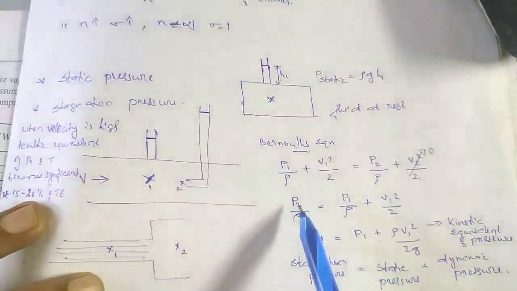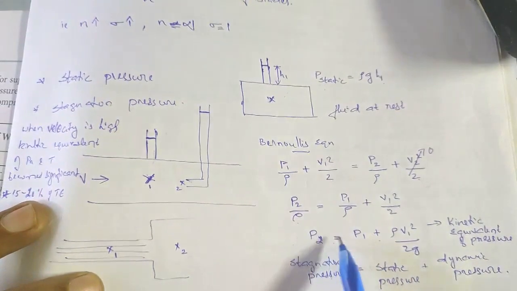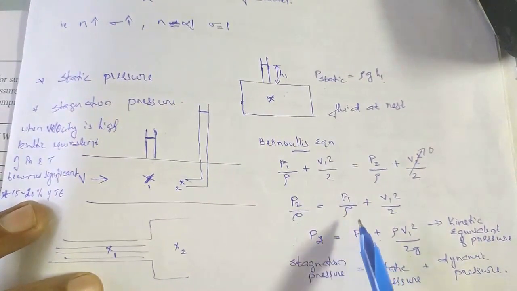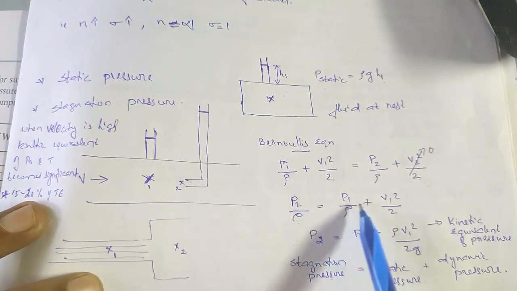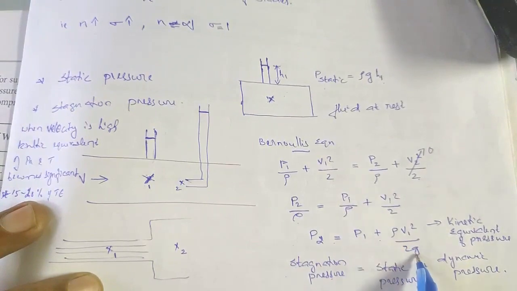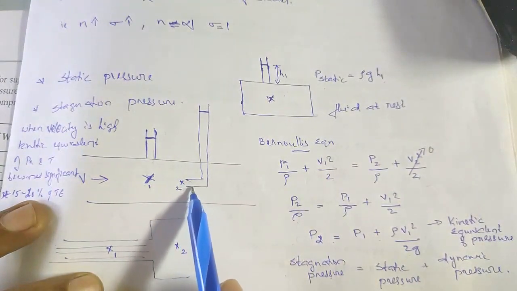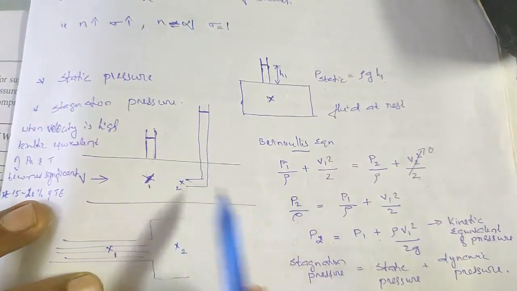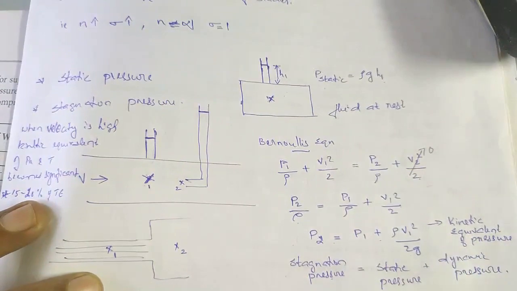That means P2 by rho is equal to P1 by rho plus V1 square by 2. That means P2 is equal to, by multiplying with rho, P2 is equal to P1 plus rho V1 square by 2g. That means the total pressure here will be equal to the static pressure plus rho V1 square by 2g, which is the kinetic equivalent of pressure.